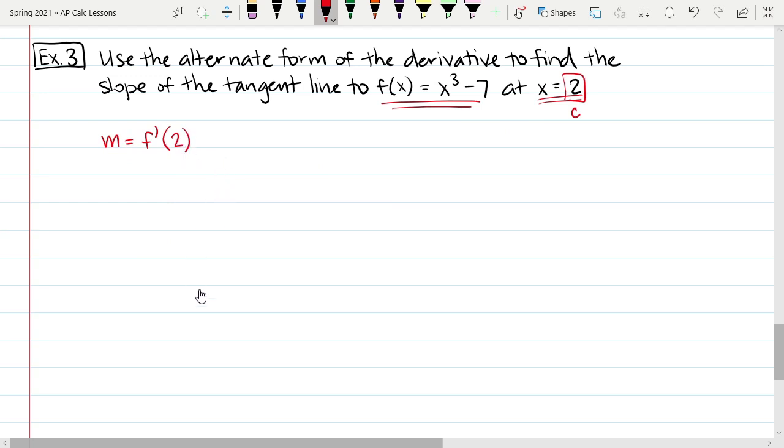So if I'm using the alternate form, then that means I want the limit as x approaches 2. Now remember, this is going to be of f of x minus f of c. So it's f of x minus f of c over x minus c. But remember, in this particular example, 2 is our c. So everywhere I'm putting a c, that's now going to be a 2.